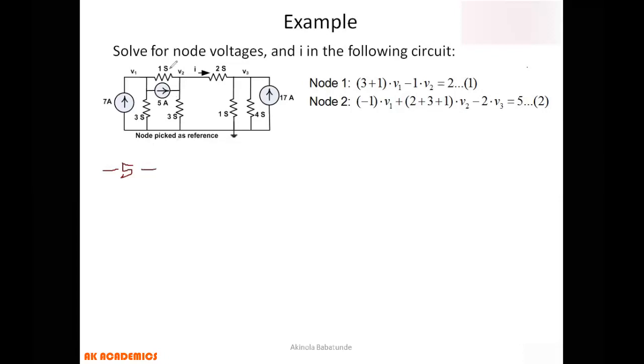Since we are dealing with node 2, it becomes V2 minus V1 multiplied by 1. Can you see that? Because this is conductance, this is V2, and this node is our reference node, so based on this explanation, this becomes V2 minus V1.